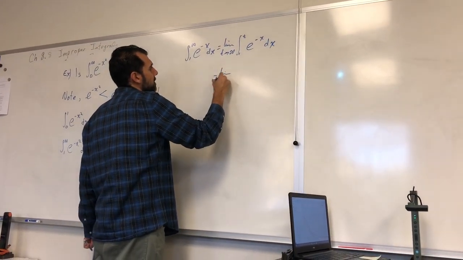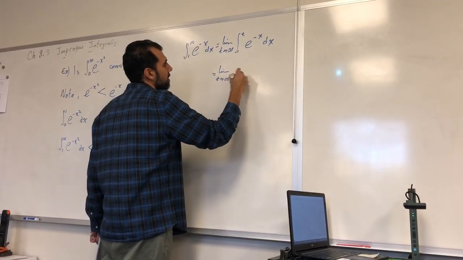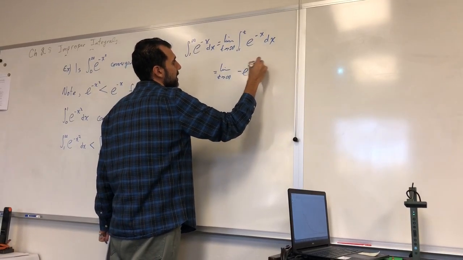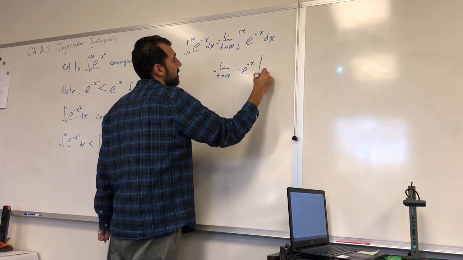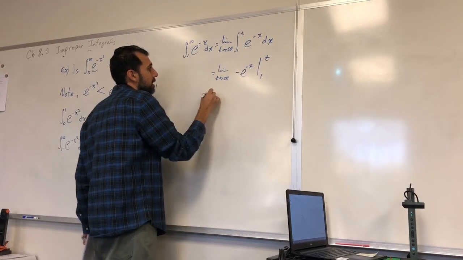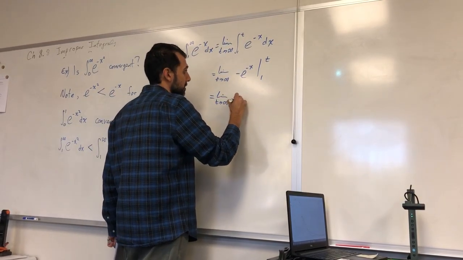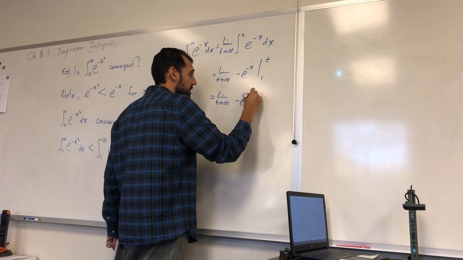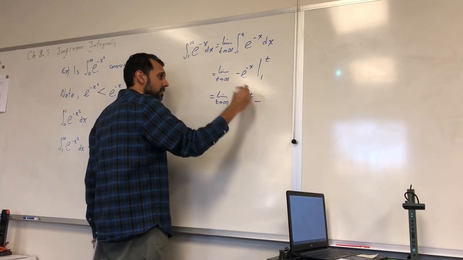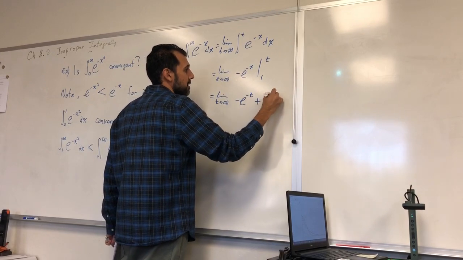So then this is going to be negative e to the negative x. We integrate and we're going from 1 to t. So this becomes negative e to the negative t minus negative, so plus e to the negative 1.